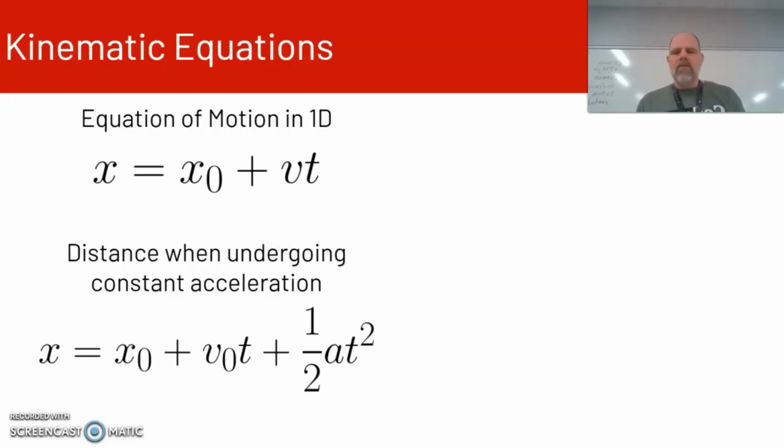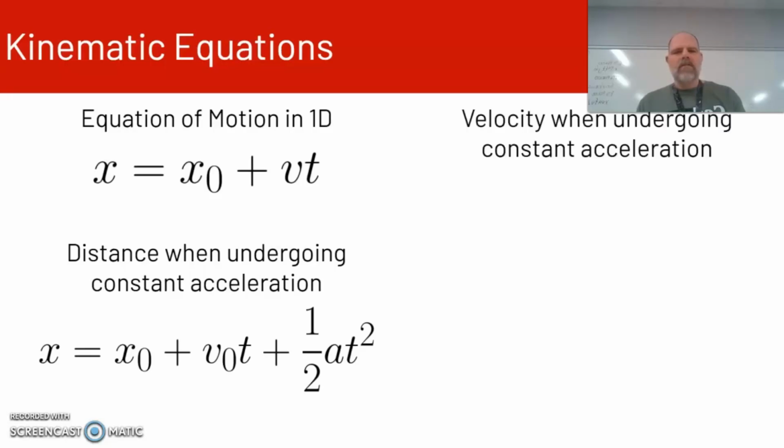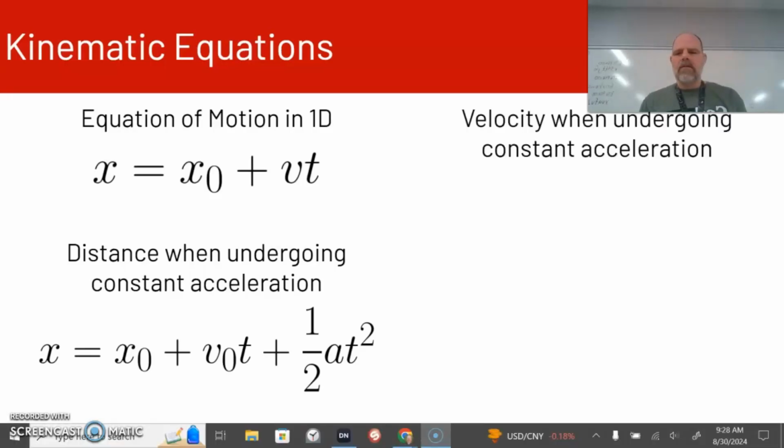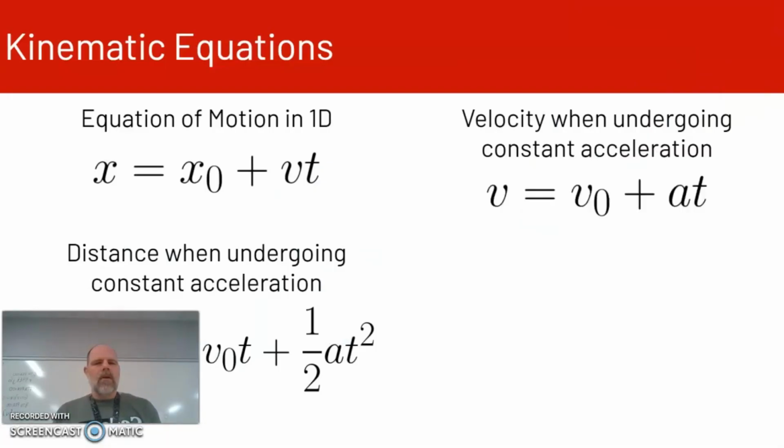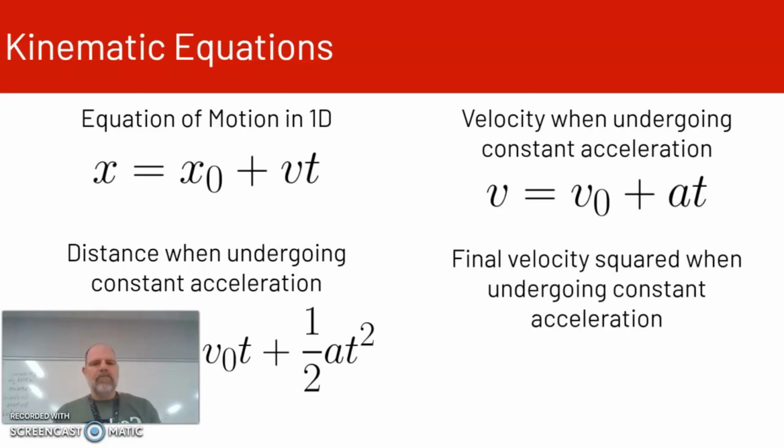Again, this is when we have constant acceleration. Our velocity when undergoing constant acceleration: v equals v naught plus at. So our final velocity is v, v naught is our initial velocity, a is our acceleration, and t is time.